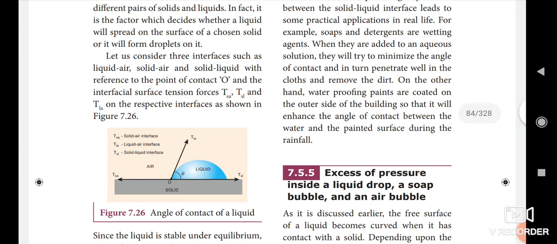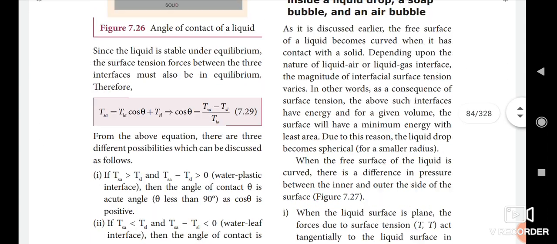Okay, here three interfaces are there. What are they? Liquid-air, solid-air and solid-liquid. The solid-air is denoted as TSA, the solid-liquid is denoted as TSL and the liquid-air is denoted as TLA.